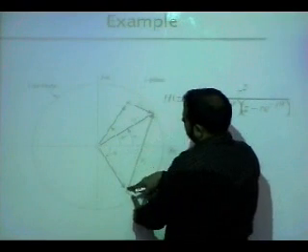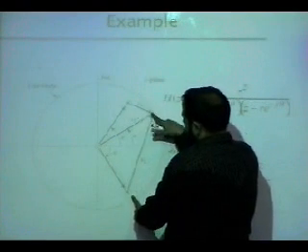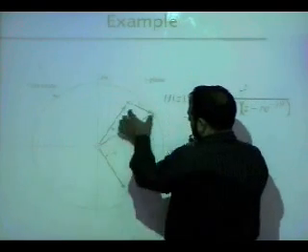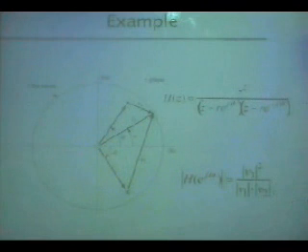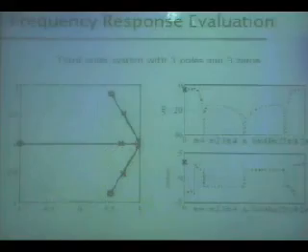There's a pole here, a pole here. If you are computing here, the length of this, so 1 divided by V1 times V2 will give you the magnitude, and in this case V3 is 1. So length of V1, length of V2. There are 2 V3s, but both are 1 because zeros are at the origin.